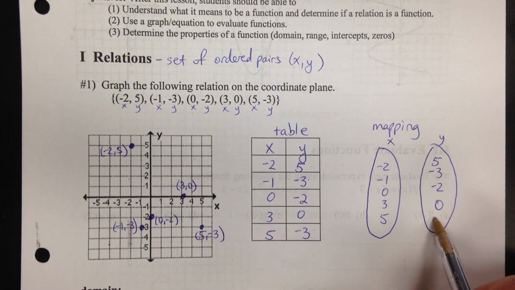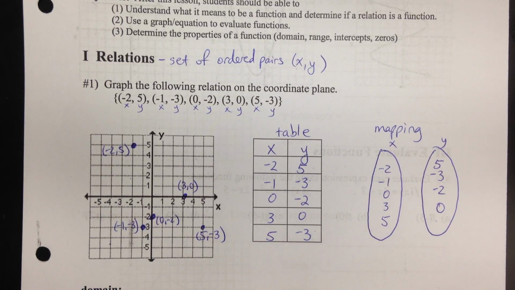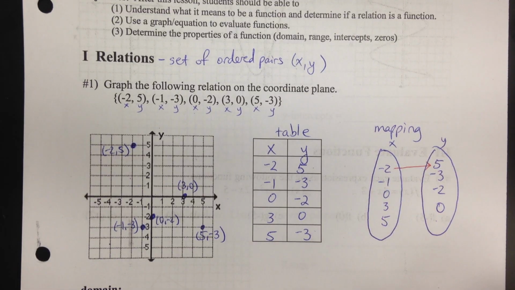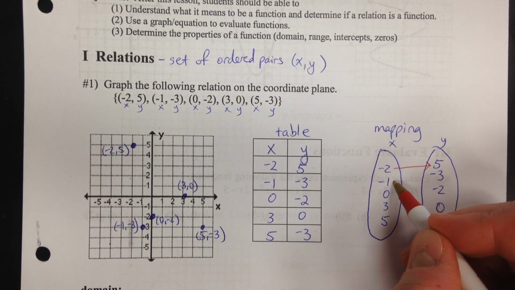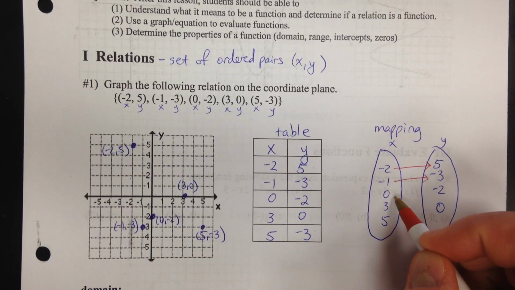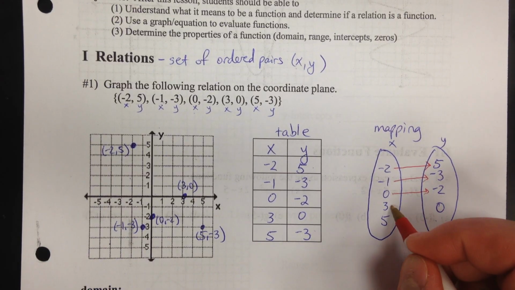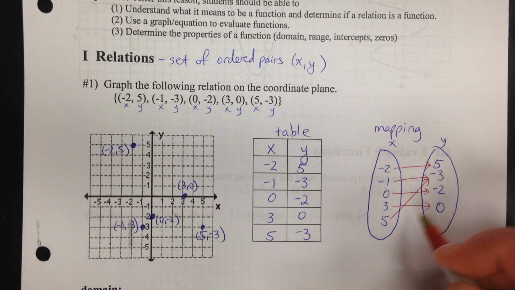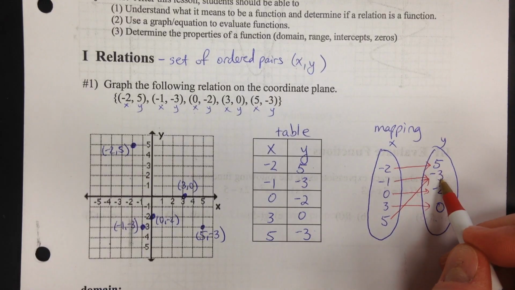Now for a mapping, what we do is we draw an arrow from the x value to the correct y value. So negative 2, 5, negative 1, negative 3, 0, negative 2, 3, 0. Now the 5 also goes with negative 3, so we'll actually have two arrows going to that value.